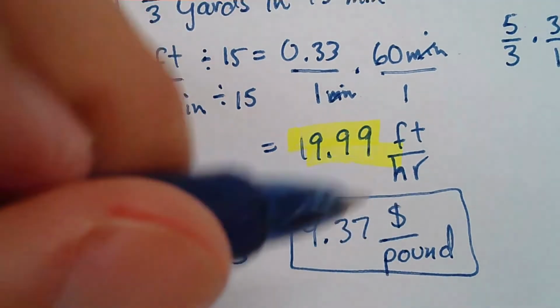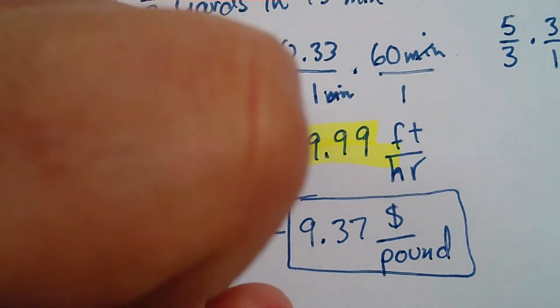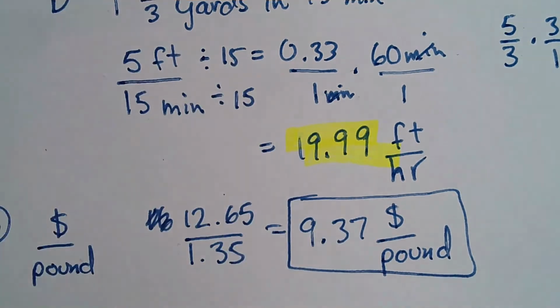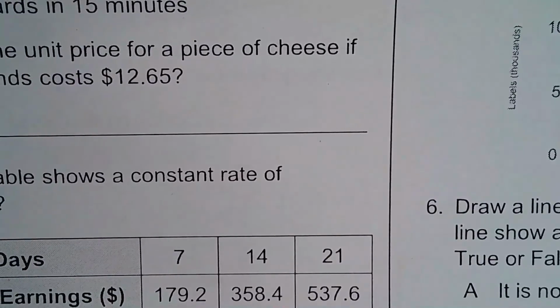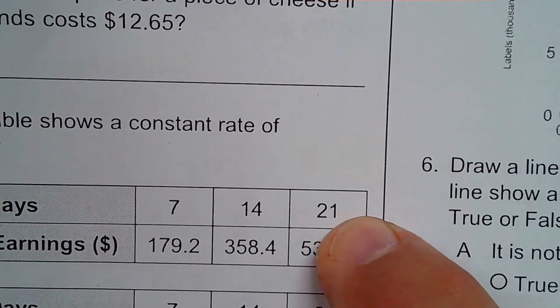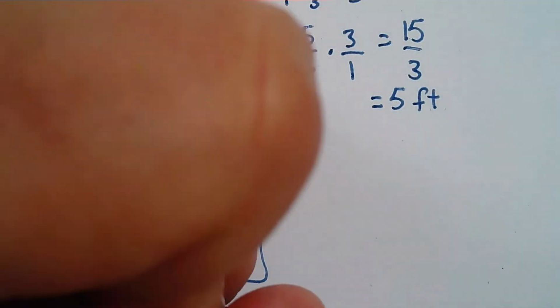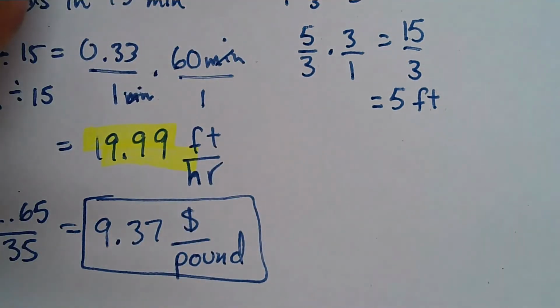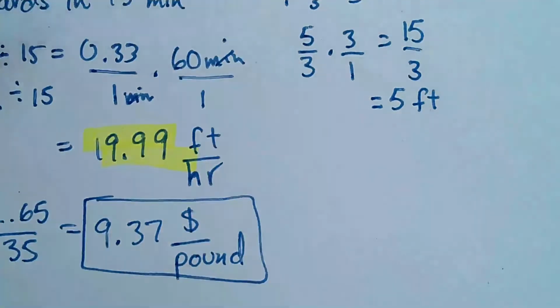Then 358.4 divided by 14 equals something. Then I'm going to do 537.6 divided by 21. And that's all going to equal something.